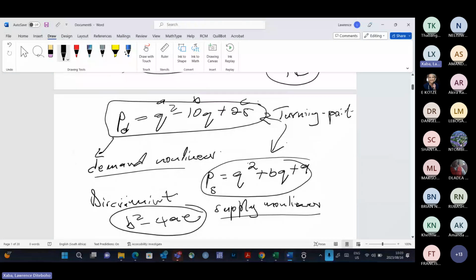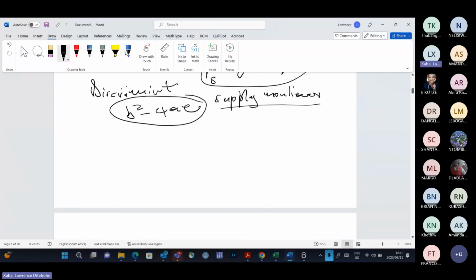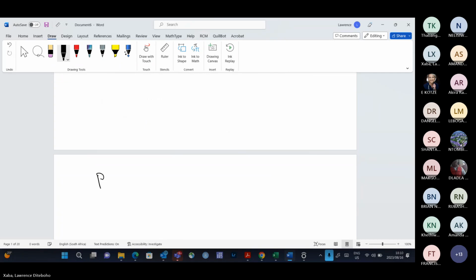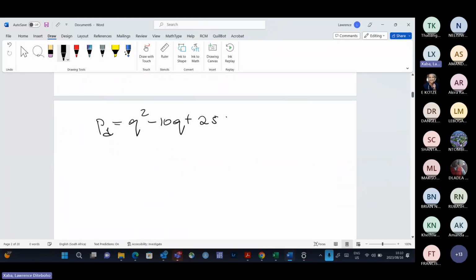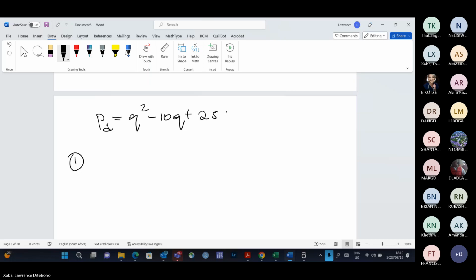So we'll take the first equation of the demand, where we have P subscript D equals Q squared minus 10Q plus 25. So we are saying the first thing, 1, turning point.